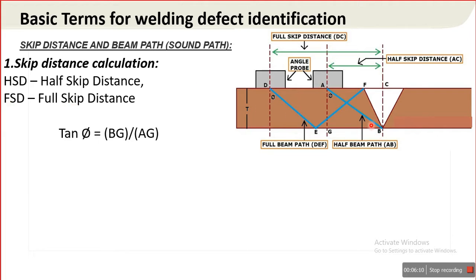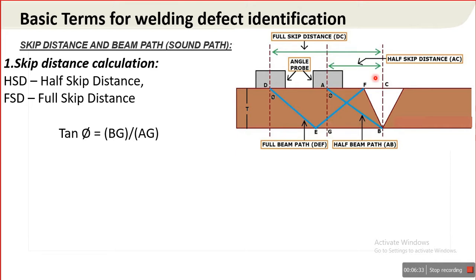So concentrate on this triangle. If you apply the trigonometrical relations, tan phi is equal to BG upon AG. So tan phi is equal to opposite side divided by adjacent side, BG divided by AG.